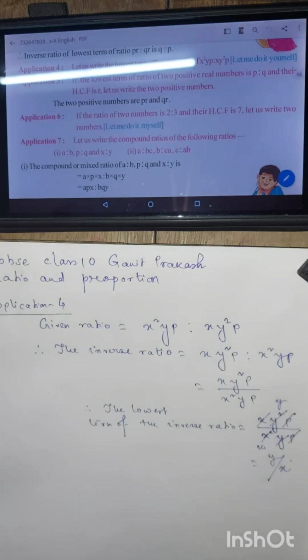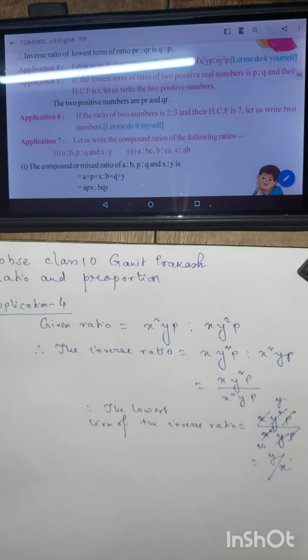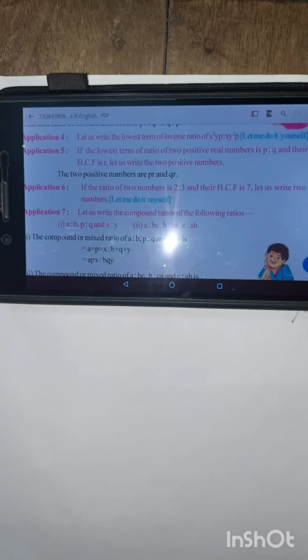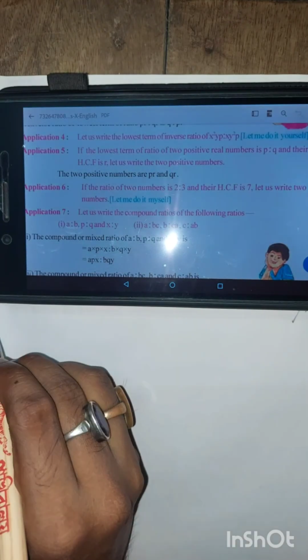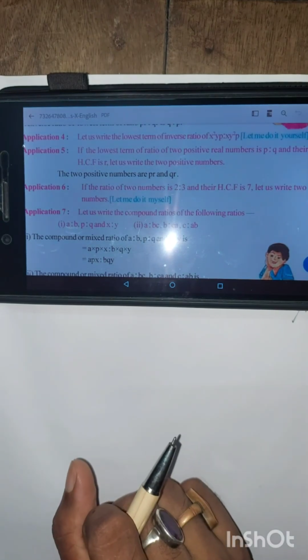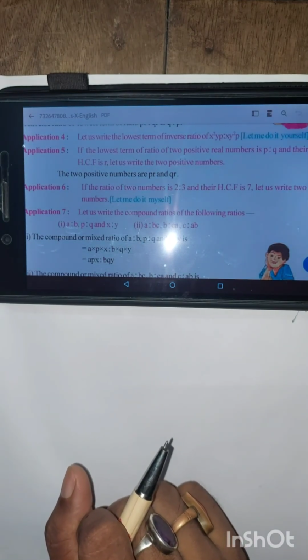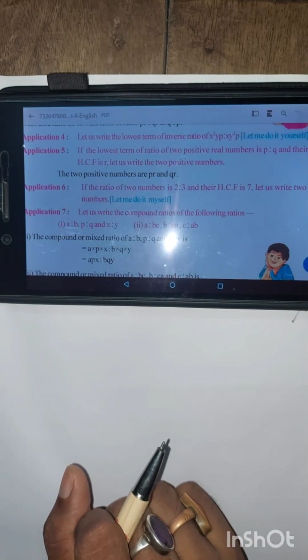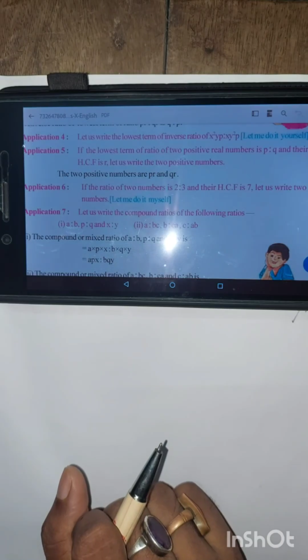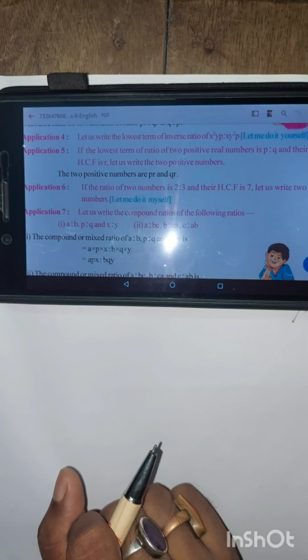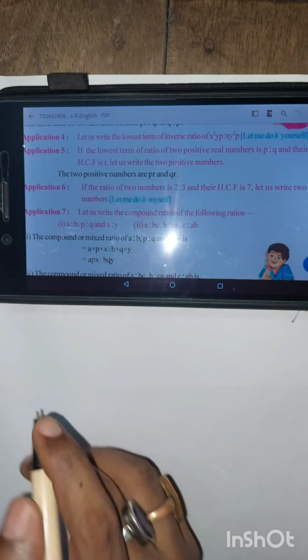Now let us do next question. Application 5, which says if the lowest term of ratio of two positive real numbers is p is to q and their HCF is r, then let us write the two positive numbers. Okay.